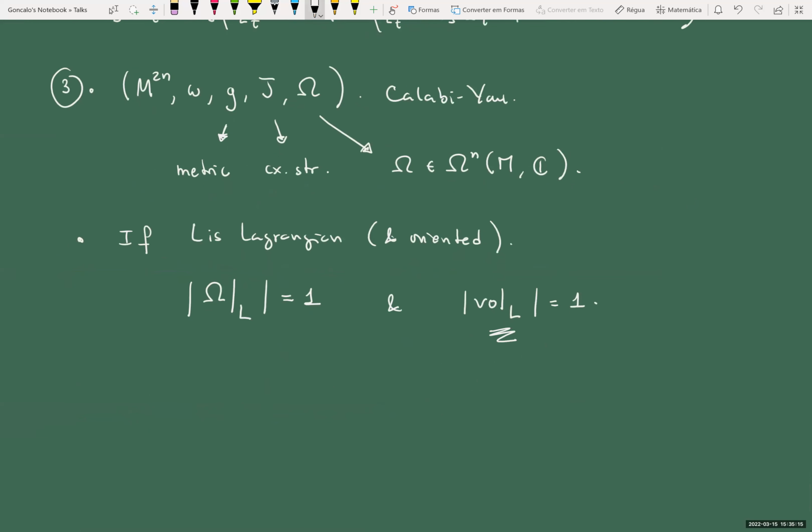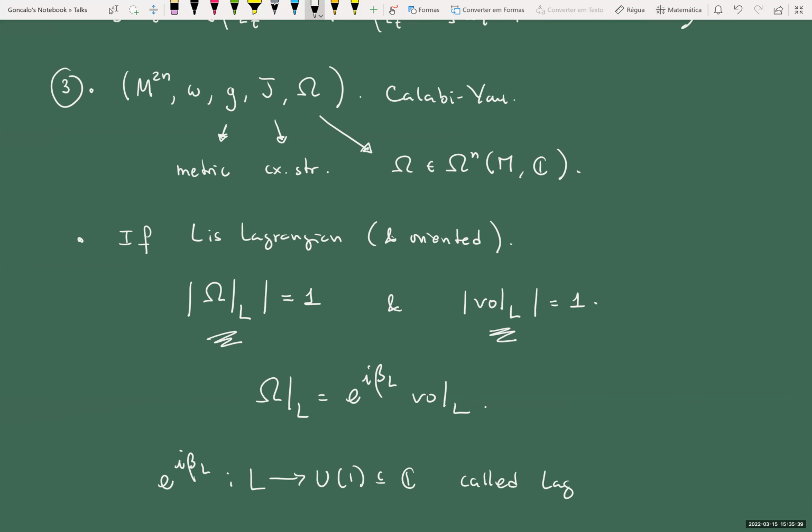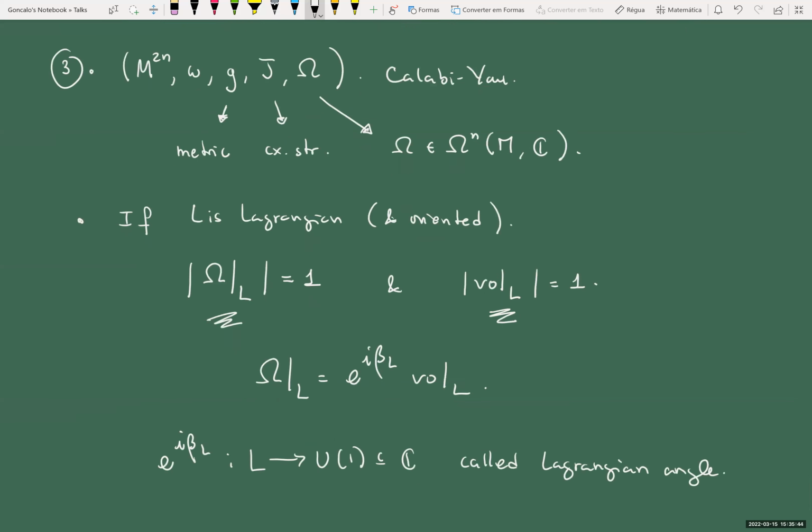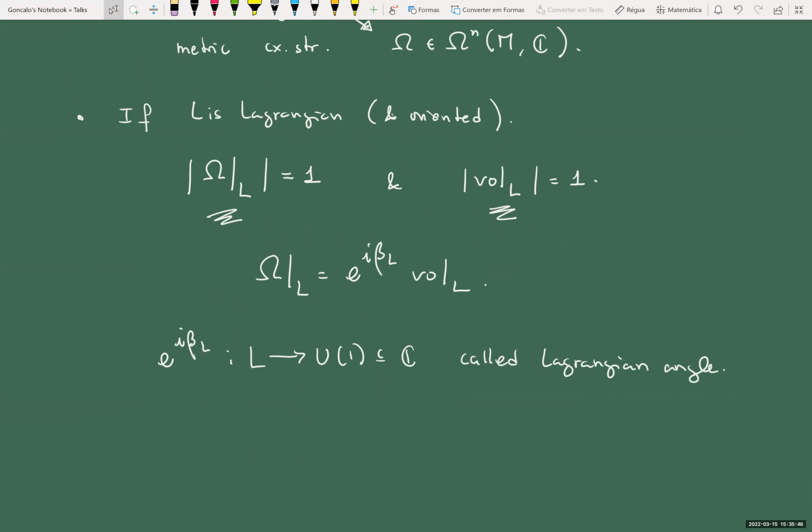But this is a real valued n-form, and this is a complex valued n-form, so they must be related by a unit complex number. This defines for you a function from L to the circle. This is called the Lagrangian angle. And using this function, you can now define what is called the special Lagrangian.